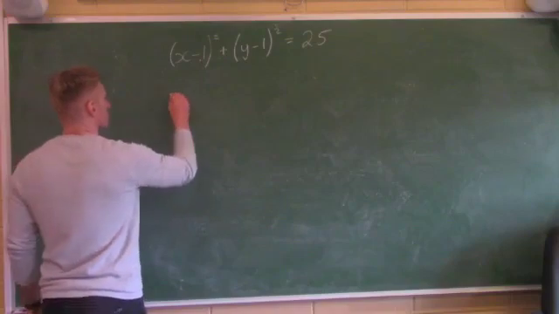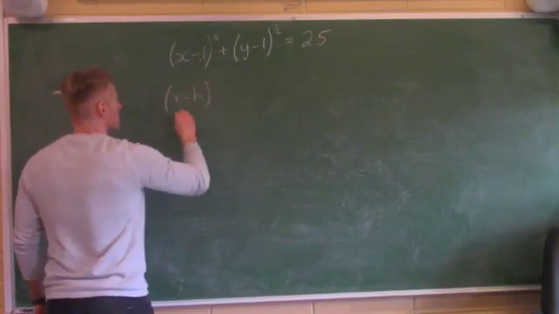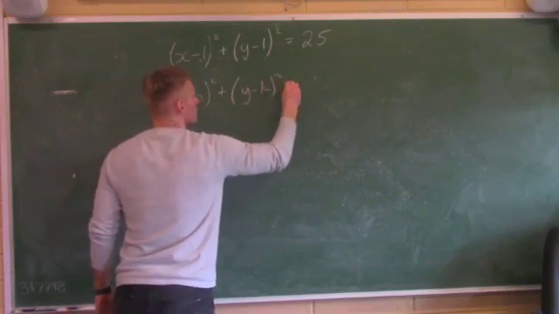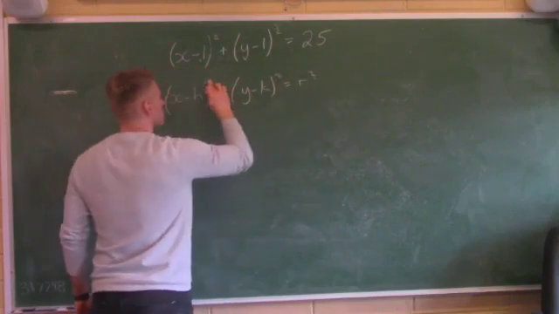Right, remember, I might just write it up again quickly. (x minus h) squared plus (y minus k) squared equals r squared.